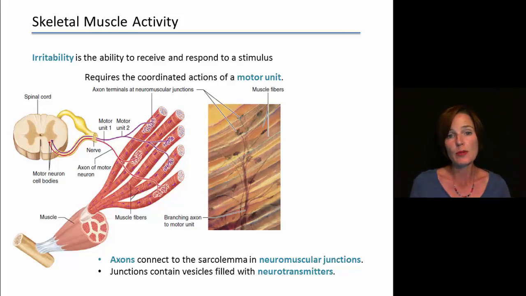Part of it is going to be nervous system, and we do have the muscle system also interacting there. Within this, we will have axons. Those axons are going to connect to the sarcolemma in the neuromuscular junctions, and these junctions will contain special vesicles that will be filled up with neurotransmitters. So those are going to be helping us to receive and respond to those stimuli.